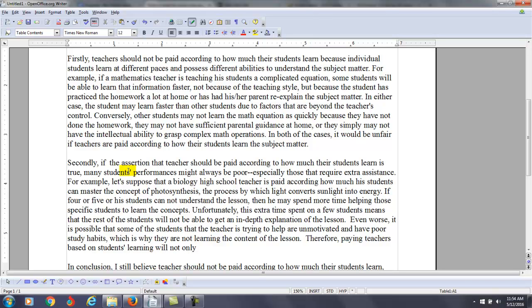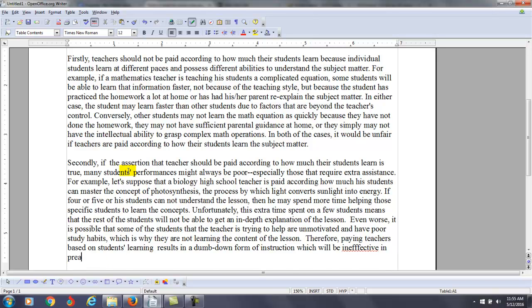Well, not only... you might want to say a dumbed down form of instruction. How about this?